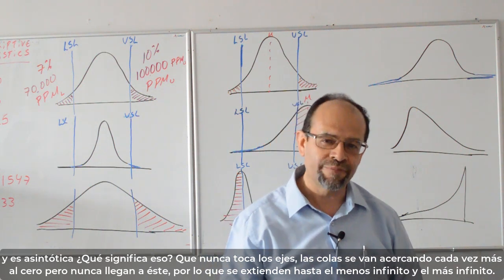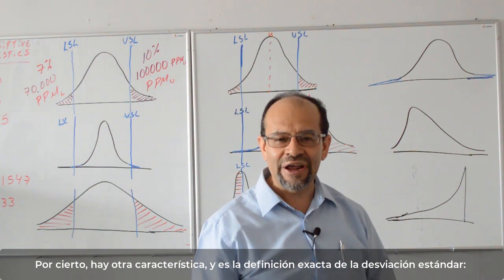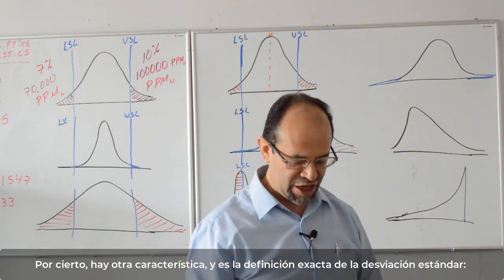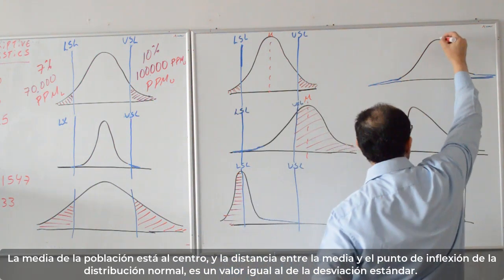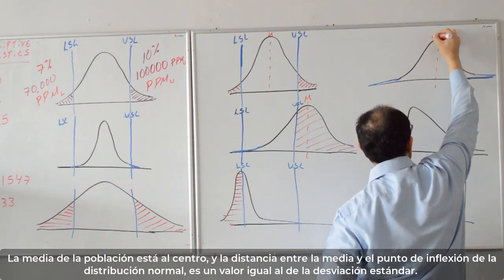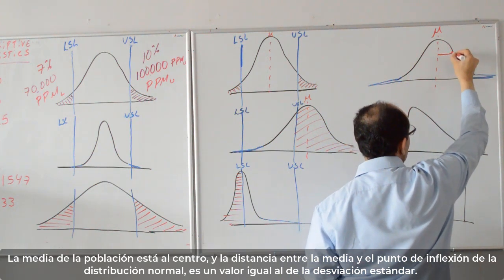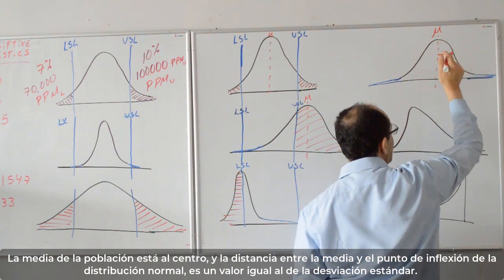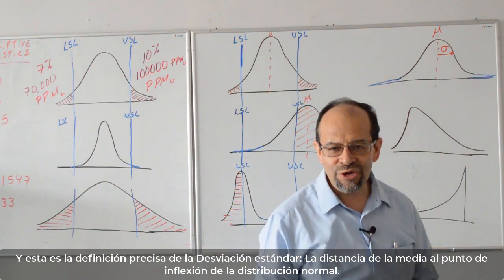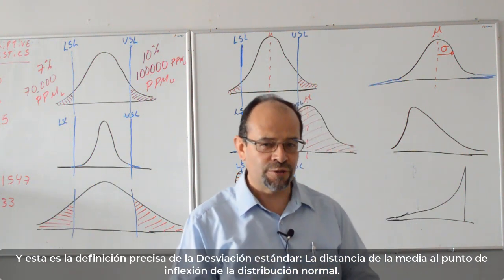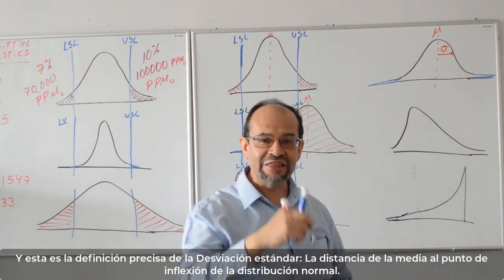By the way, there's another characteristic here, which is the accurate definition of the standard deviation. The mean of the population is here. The distance between the mean and the inflection point of the normal distribution is equal to the standard deviation. That is the accurate definition of the standard deviation: the distance from the mean to the inflection point of the normal distribution.